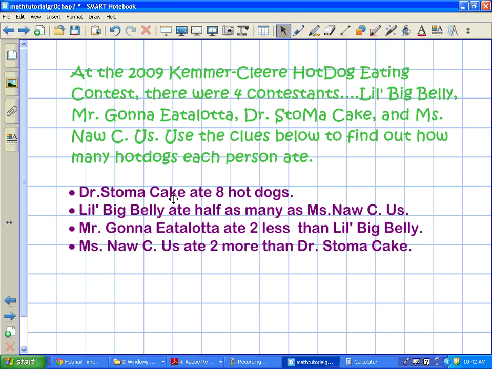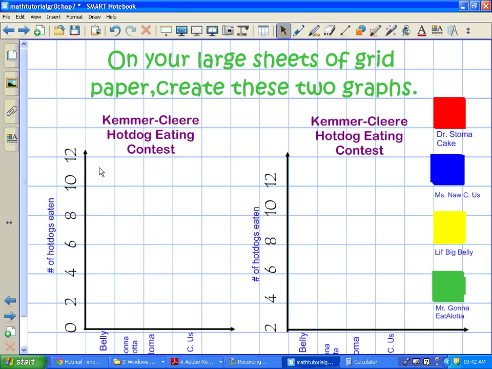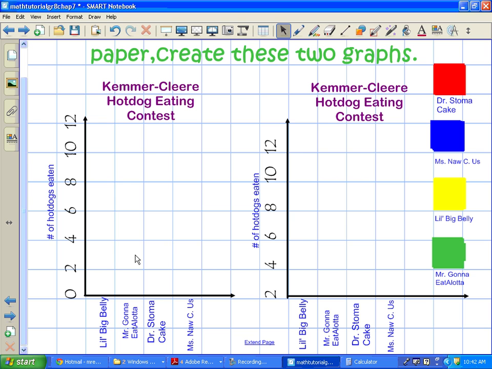Dr. Stomacake ate 8 hot dogs. So I'm going to show 8 hot dogs for this guy right here, Dr. Stomacake. So I need 8 hot dogs. On this scale, it goes up by 2s. So there's 2, 4, 6, 8.